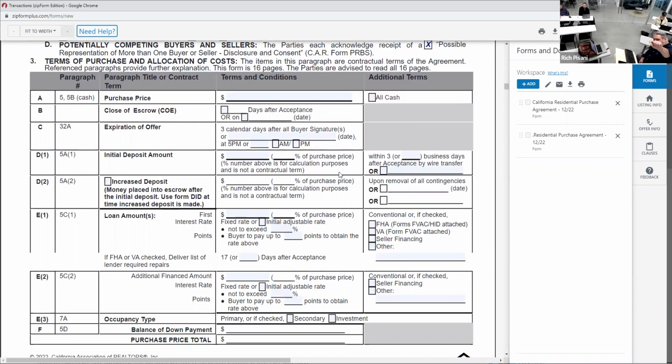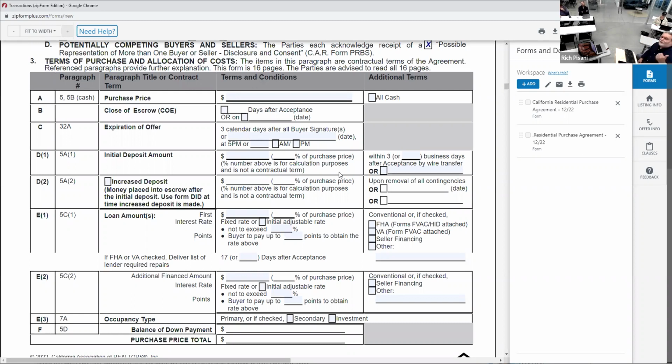The second column there, it says paragraph number. And what that's telling you is that there is a paragraph further into this document. If you want more information about this, go to paragraph 5 or 5B. So it's just a reference point. So don't get confused by that second column.